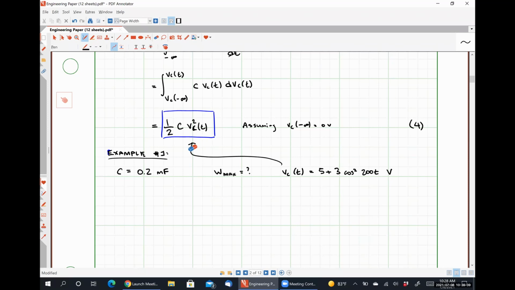But instead for this problem, let's think about this a little bit more critically, all right? So let me ask you guys a question. Does it make sense for the maximum energy stored in a capacitor to happen when the voltage is at its highest value, so most positive, or when it's at its lowest value, or most negative?